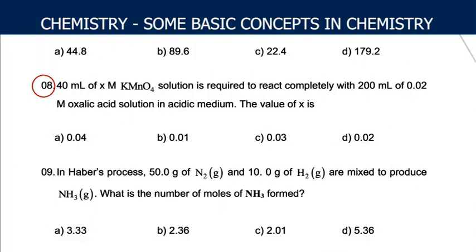40 ml of X M potassium permanganate solution is required to react completely with 200 ml of 0.02 M oxalic acid solution in acidic medium. The value of X is? Potassium permanganate reacts with oxalic acid in acidic medium.